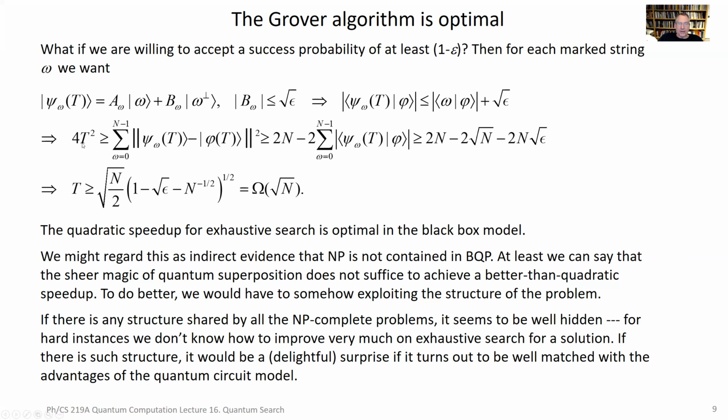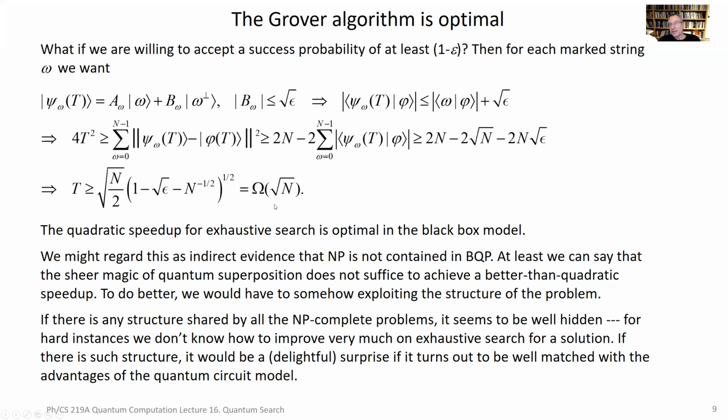And because this is a bound on t squared, I have the square root of 1 minus the square root of epsilon. So for some order 1 epsilon, it's not much different than before. The coefficient of square root of N changes a little, but the number of queries that we need will still scale like the square root of the dimension of the Hilbert space if we're looking for one marked state.